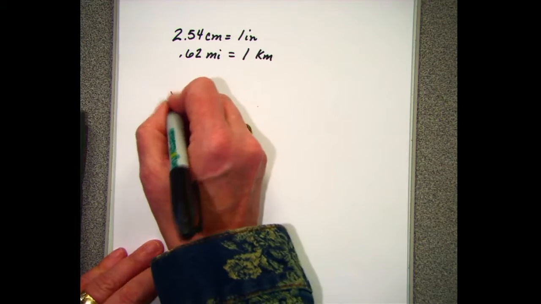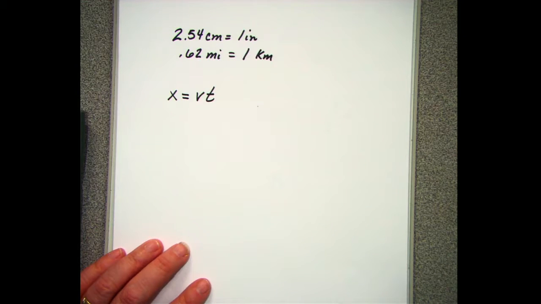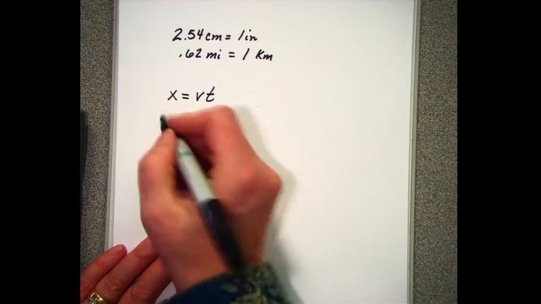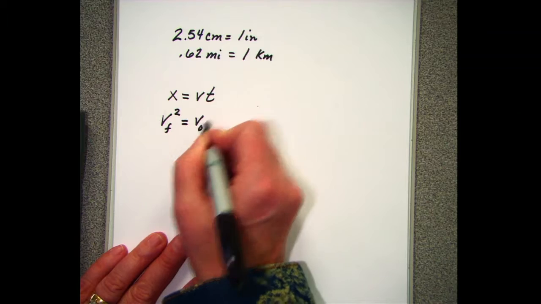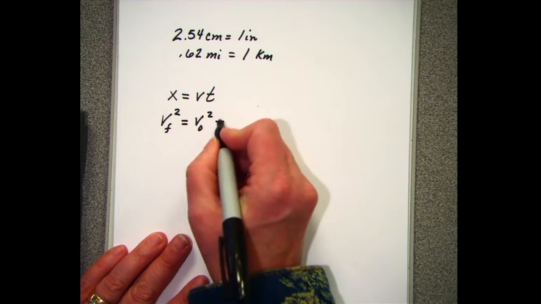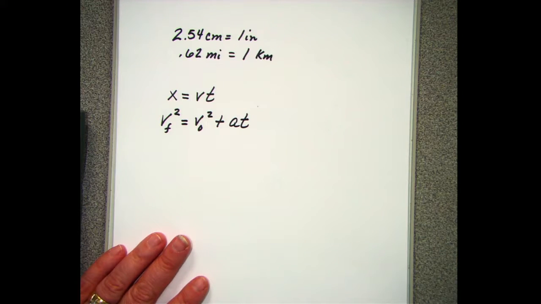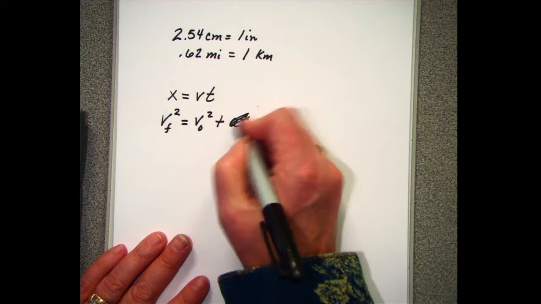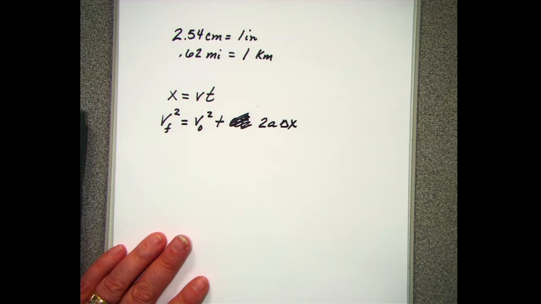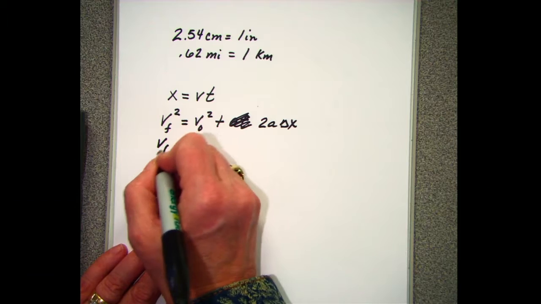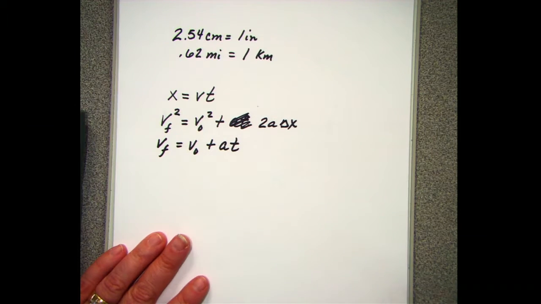But I'm certainly going to have that x is equal to the velocity times time. Certainly going to have that. I'm certainly going to have v squared final is equal to v squared initial plus 2a times my change in x. This one's v final is equal to v initial plus acceleration times time.